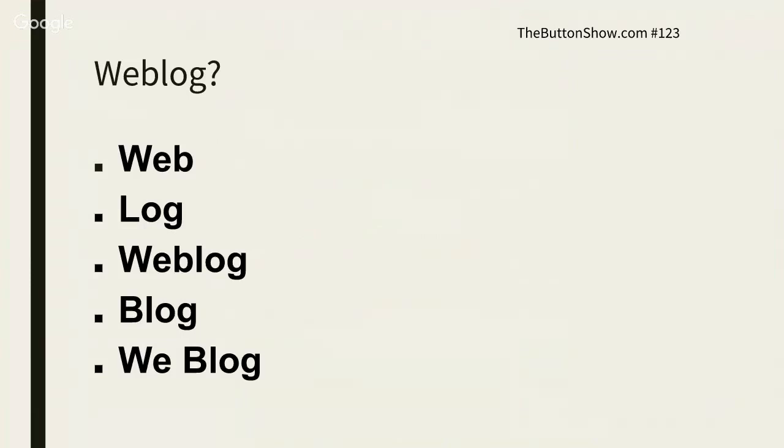Did you know that the word isn't actually blog? That's one that we've made up. The word is weblog because it's on the web and it's a log, like a journal, dated entries. So that makes weblog. Then we've just shortened it to call it a blog, and it's become a verb.